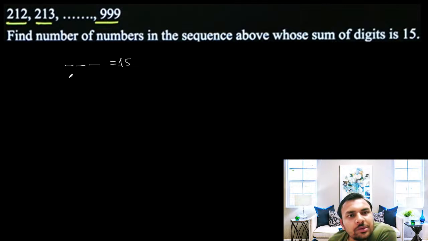If it is 2, we can have 15. So if we have 2, we are left with 13. So it could be 6 comma 7. It could be 5 comma 8. It could be 4 comma 9.